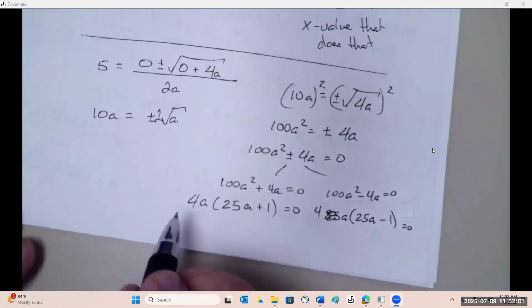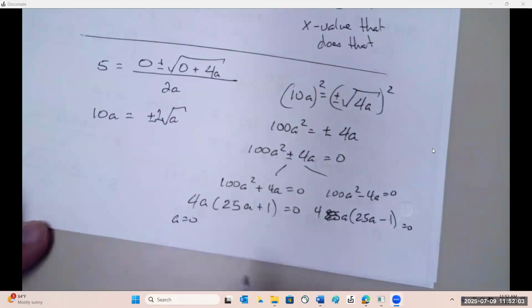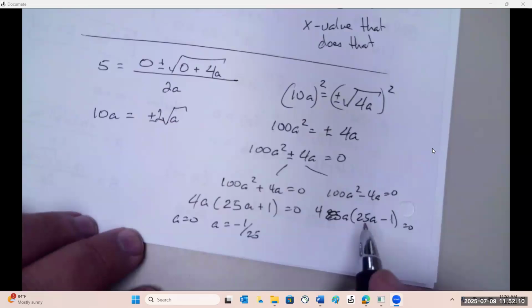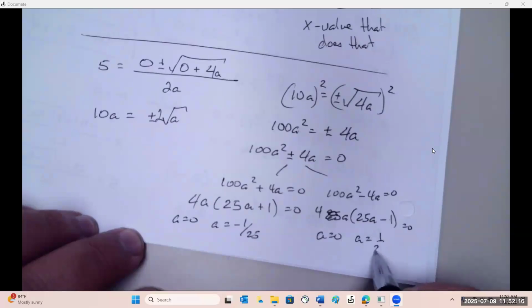So if we do it this way, we have a is equal to 0, a is equal to 1/25th.